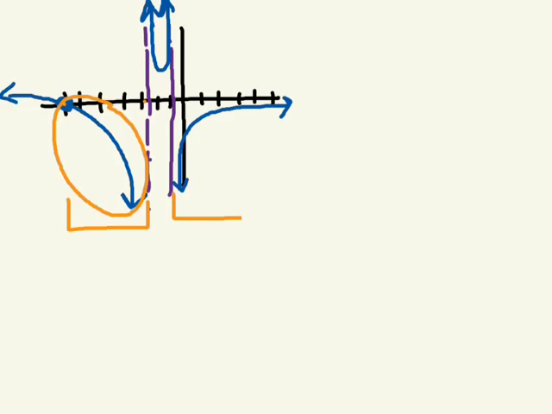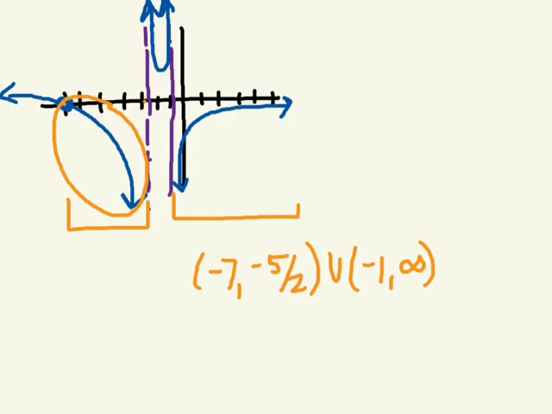So from negative 1 to positive infinity, we are less than 0 as well. So in interval notation, it's from negative 7 to negative 5 halves, and negative 1 to infinity. The little piece in the middle there between negative 5 halves and negative 1, of course, is greater than 0.